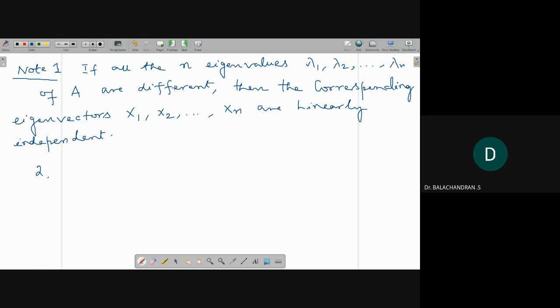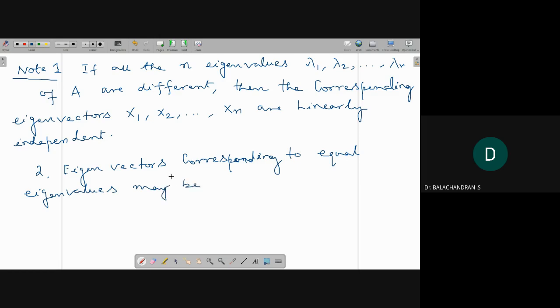Note number 2: eigenvectors corresponding to equal eigenvalues may be linearly independent or linearly dependent.